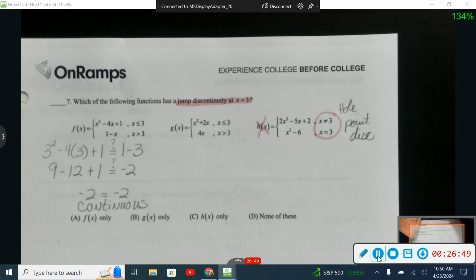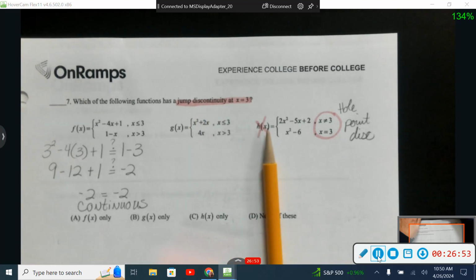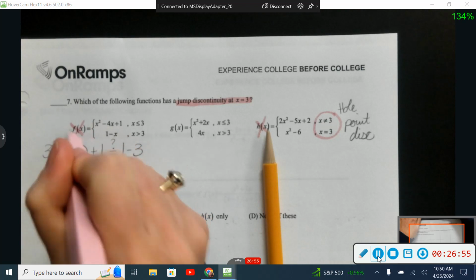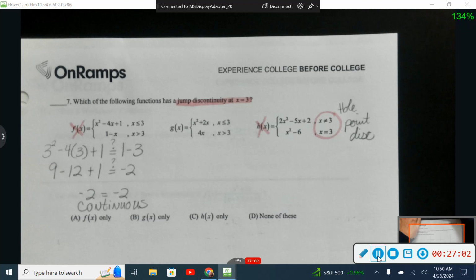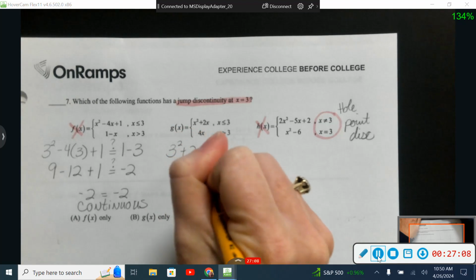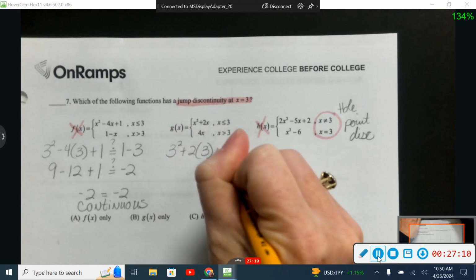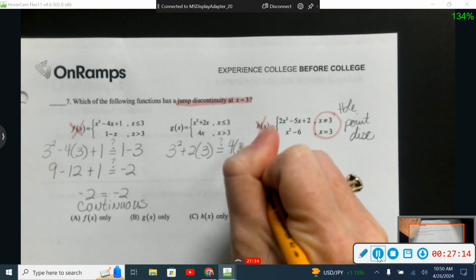I'm looking for the one that has discontinuity. So I know that it's not going to be F. But I need to check G, because none of these is also an option, so be careful with that. Checking G, I'm going to have 3 squared plus 2 times 3, and I want to know if that is equal to 4 times 3.